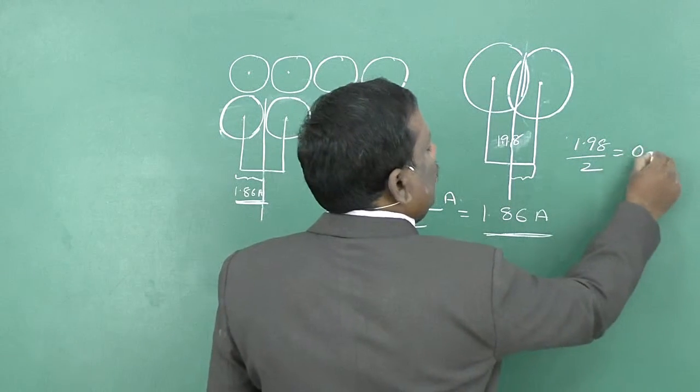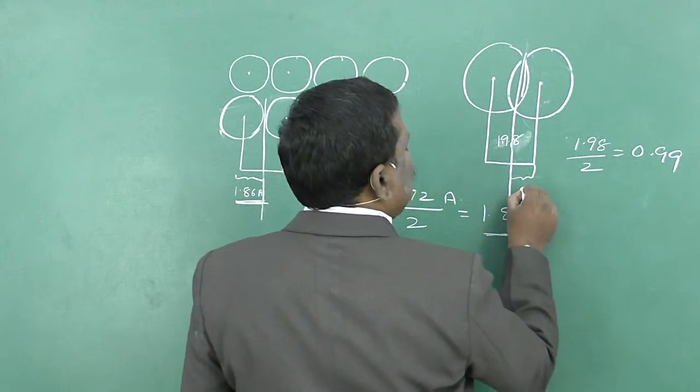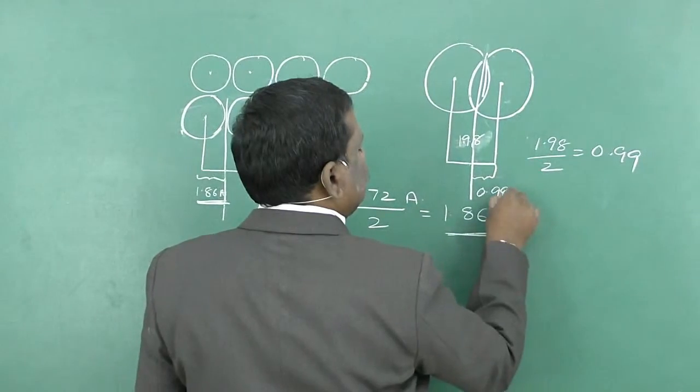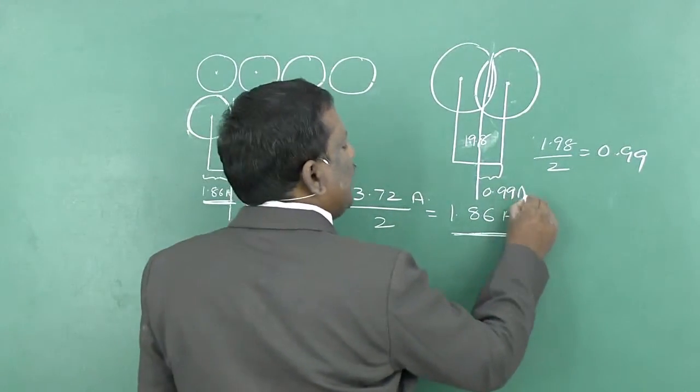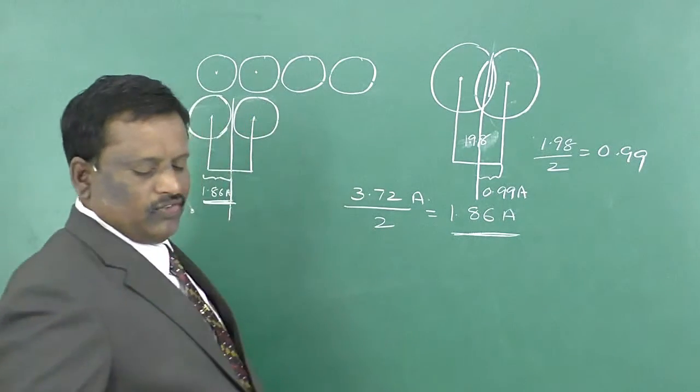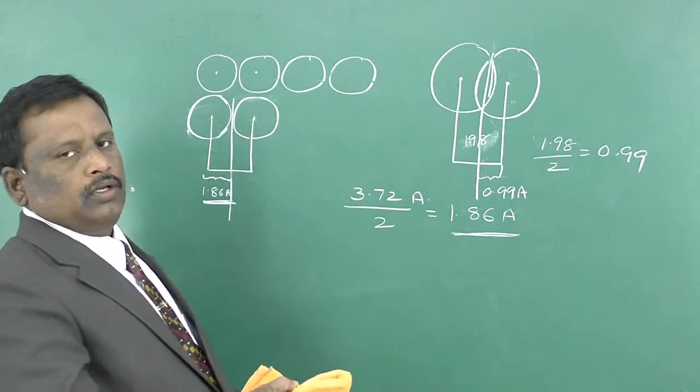This will be 0.99 angstroms. 0.99 angstroms is considered as the covalent radius of chlorine.